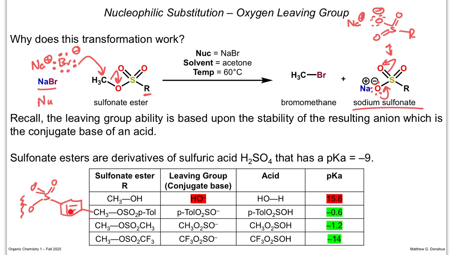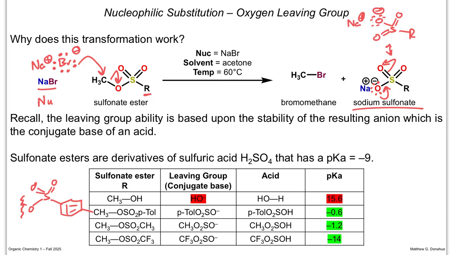So that benzene ring is what is responsible for that. It's called a chromophore. When R is methyl or CF3, those don't have chromophores, so you can't visualize them with UV light. So there's pluses and minuses to all of these choices.